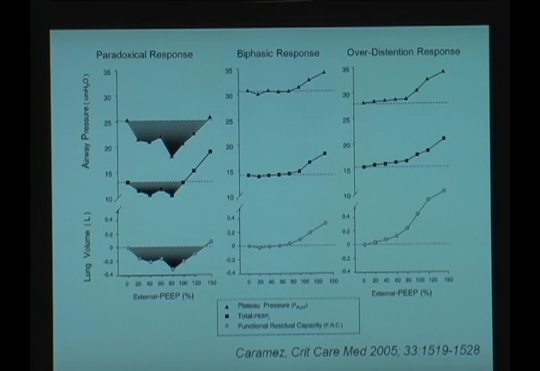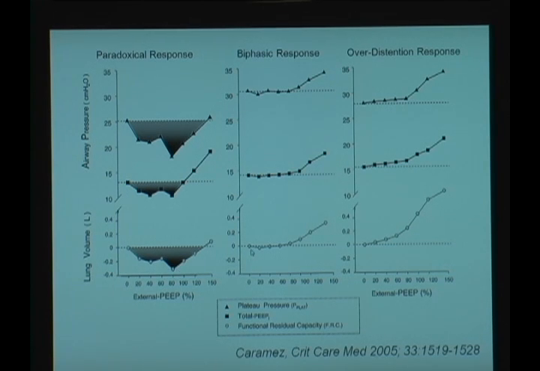So, do this and then we'll ask the next question. This is a paper published 10 years ago now, which looked at a series of patients with asthma. And they showed that in some patients with asthma, when they increased the PEEP, the lung volume went down. So the PEEP was actually very helpful here.